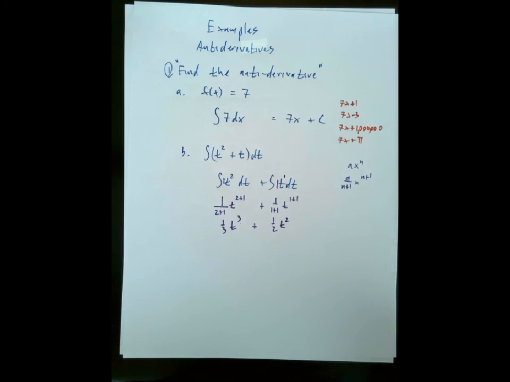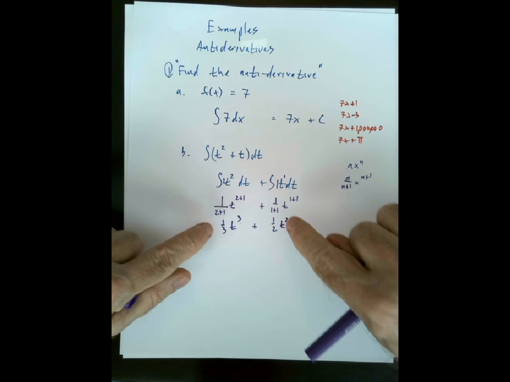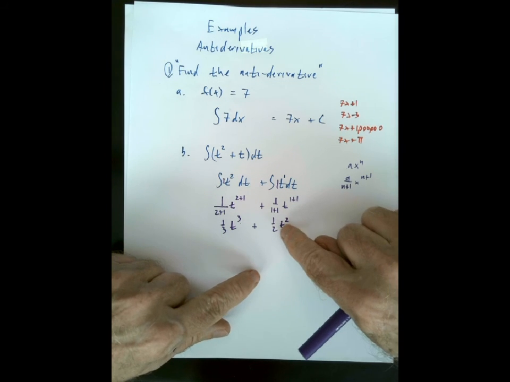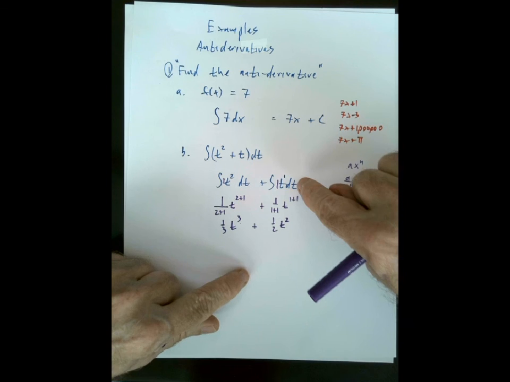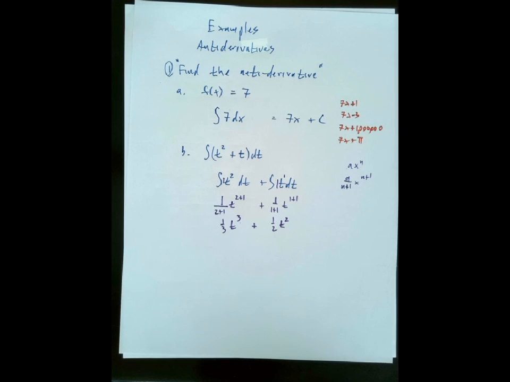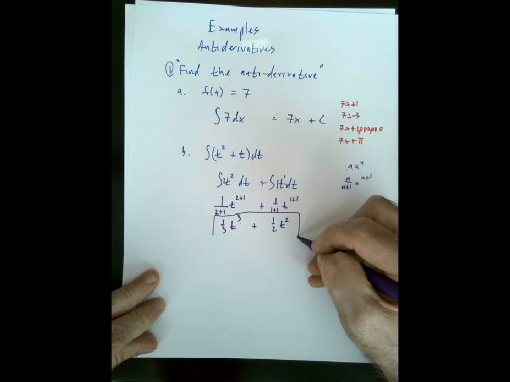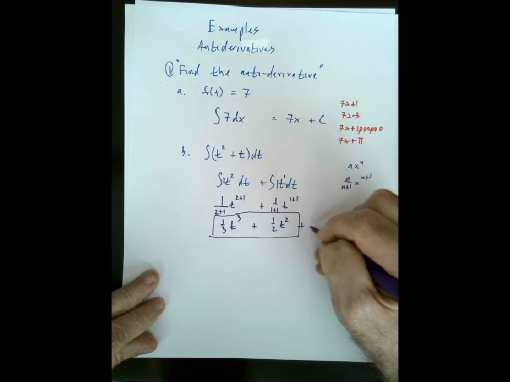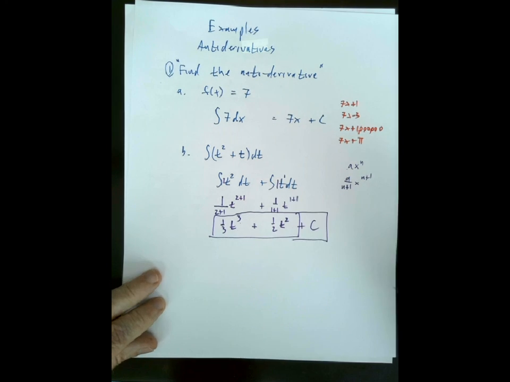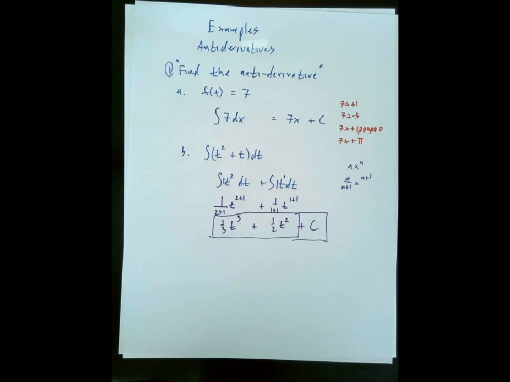And again, working backwards, the derivative of 1/2 t squared would just be plain t. And then plus c, we only need one constant at the end. That's how we do that.